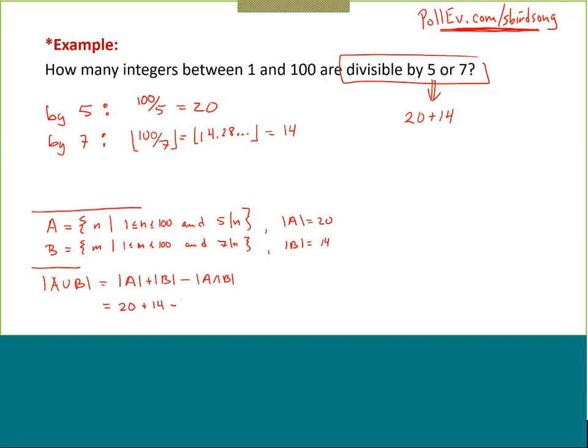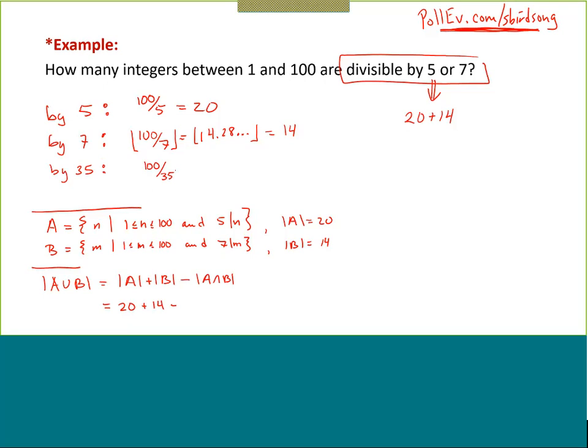Well, the intersection is when you have both of these two conditions. So you have to have some number that is divisible by both 5 and 7. If you're divisible by both 5 as well as 7, this means you are divisible by 35. So if you're trying to figure out how many are divisible by 35, you want to do the same thing we did before: divide your 100 by 35 and see what's going on, okay?